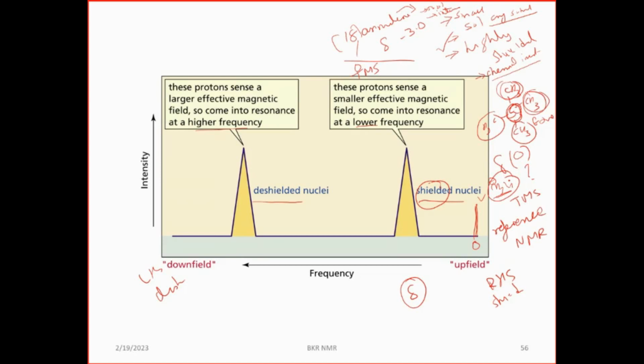You can also refer to Pavia and Williams. I love Lambert. So Lambert, Silverstein Bassler, Kemp, Pavia, Williams. For IR, you can refer to Kemp, a general spectroscopy book by Lambert, Silverstein, and Williams.